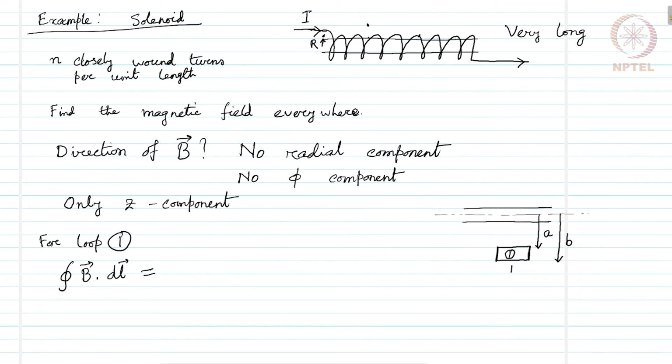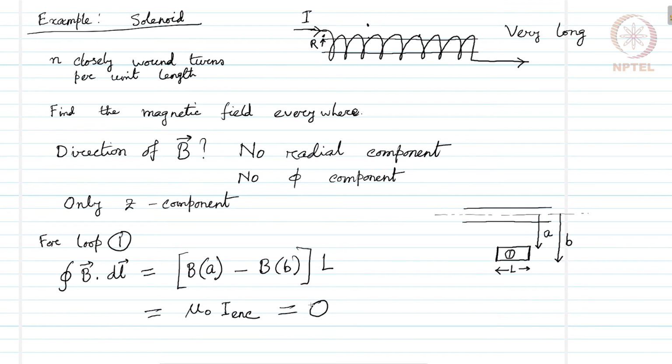If L is the length of this Amperian loop rectangle, then we can write this as the magnitude of the magnetic field at distance A minus the magnitude of the magnetic field at distance B, times the length of this loop, and that equals mu naught times the current enclosed. This loop does not enclose any current whatsoever. So, this quantity goes to 0.